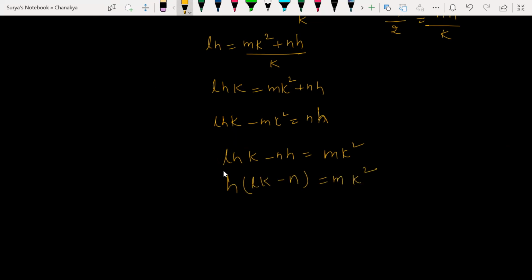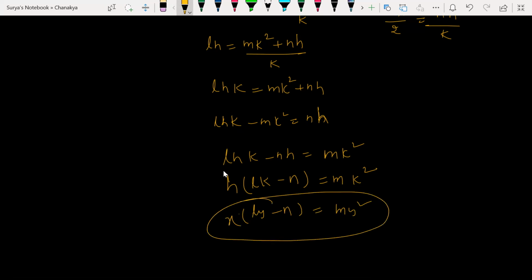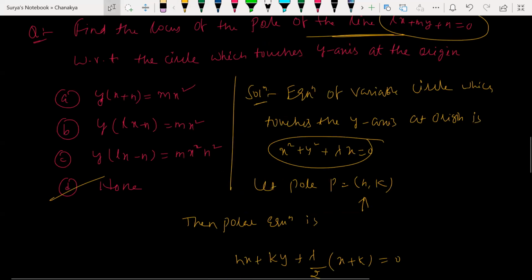Right? Here, what are X, Y, son? They are H, K only, right? In place of H, K, if I write in terms of X, Y, what do you get here? You get MX into LY minus N is equal to MY square. Are there any options like that? The options should look like this, in MY square. There are no such options. None of the options is correct.